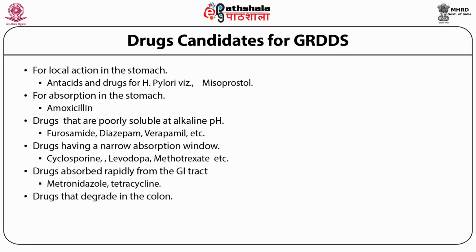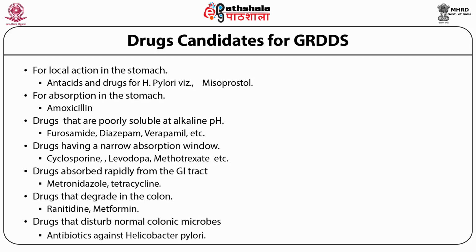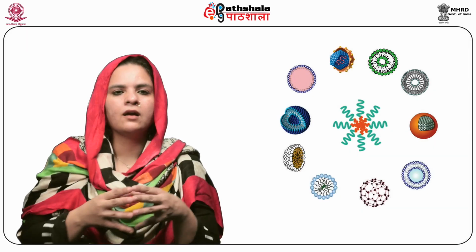The drugs which primarily degrade at the colon pH can deliberately be formulated in a manner that they deliver the drug ahead of reaching the colon, and examples can be ranitidine and metformin. The drugs that disturb the normal colonic microbes, like antibiotics against Helicobacter pylori, are very suitable to be formulated into a gastroretentive drug delivery system.